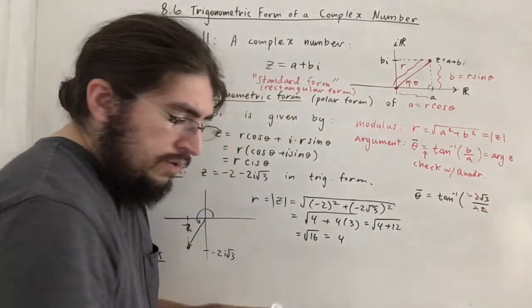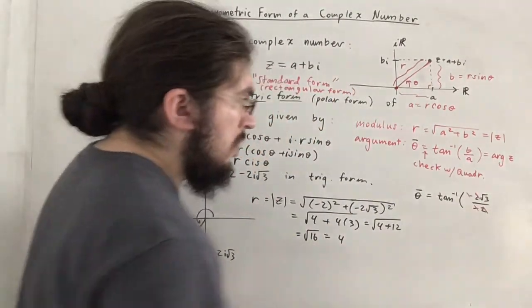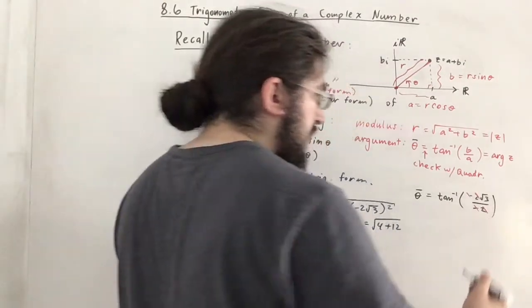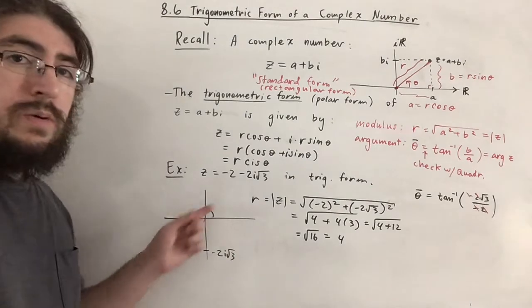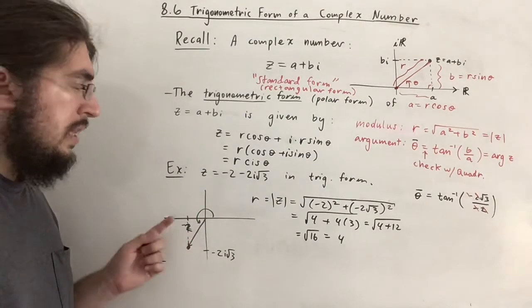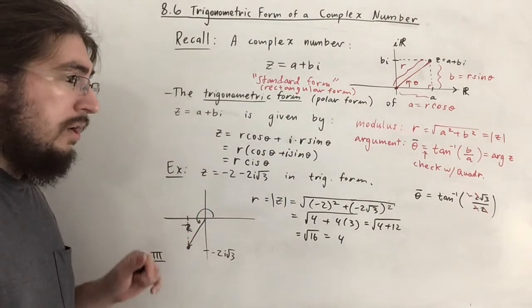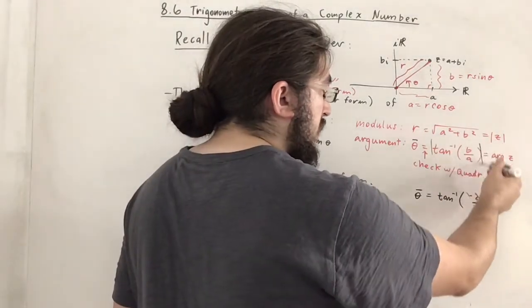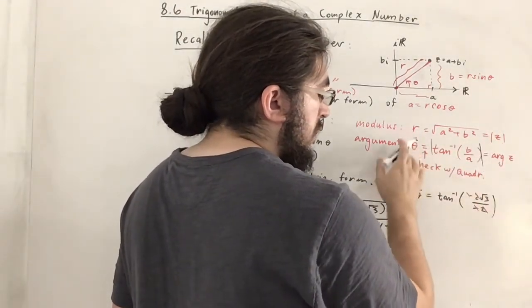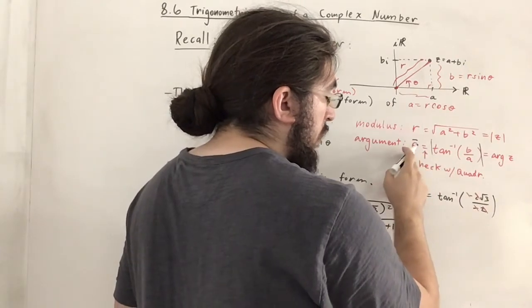Now, tangent inverse of radical 3, and by the way, in this case it's positive, so that means it's either in the third or first quadrant, where tangent's positive. We know it's in the third quadrant, so we're good to go. But in general, when you're doing this, the absolute value will just give you the reference angle.